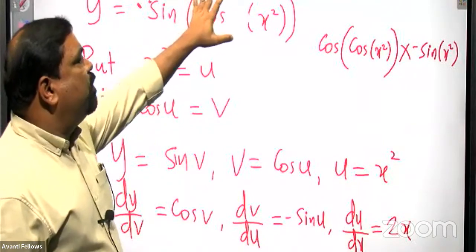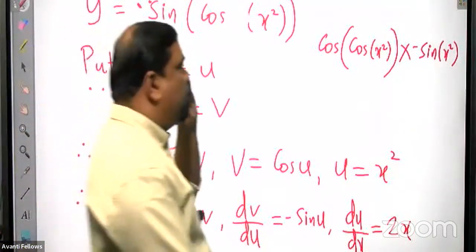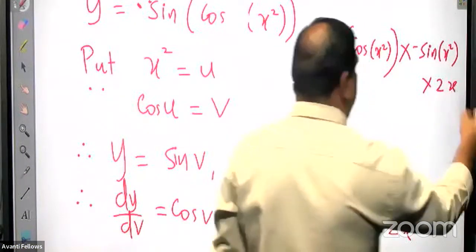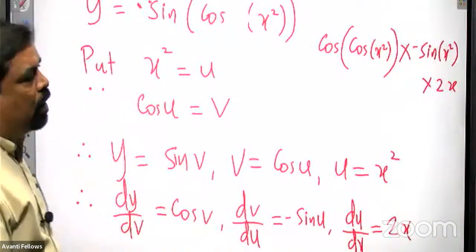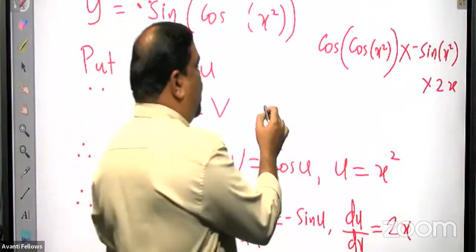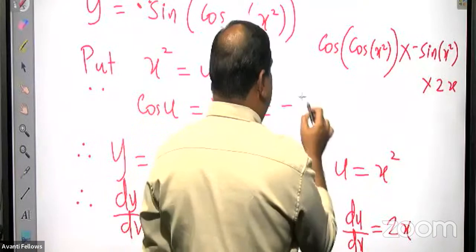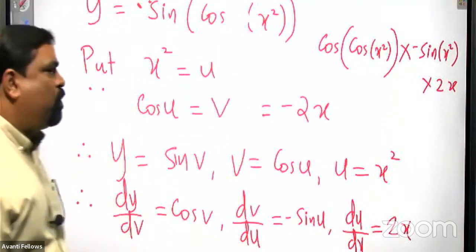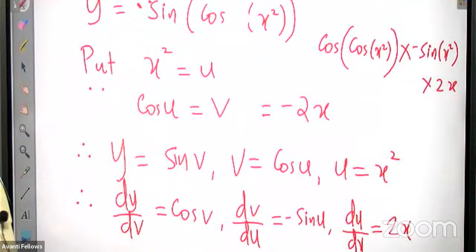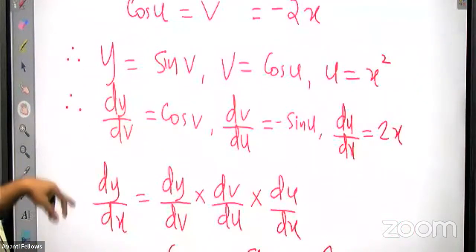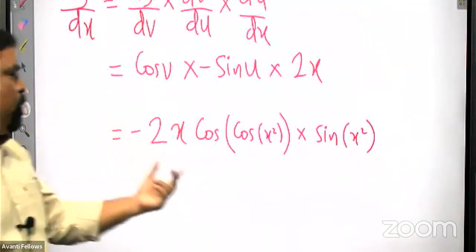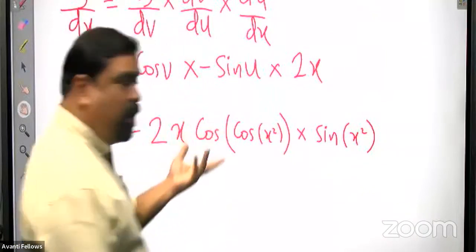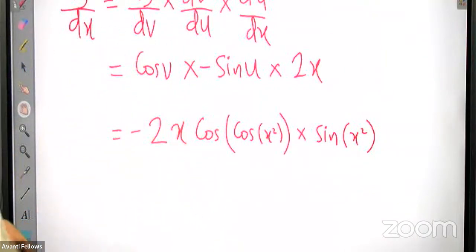So what is derivative of x square? That is 2x. So multiply 2x. Okay. So if you write it in order, you will get the same. Minus 2, right in the beginning, minus 2x, then cos of x square into sine of x square. The same thing. Minus 2x into cos of x square into sine of x square. Okay. So in this way, we can practice and make it thorough.